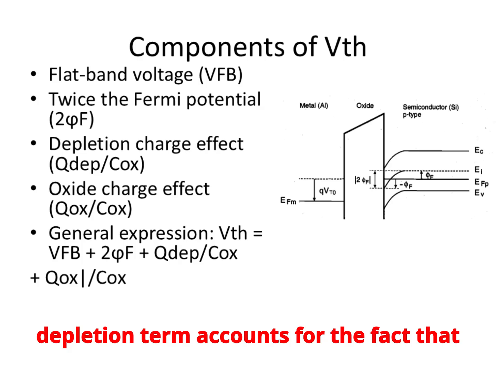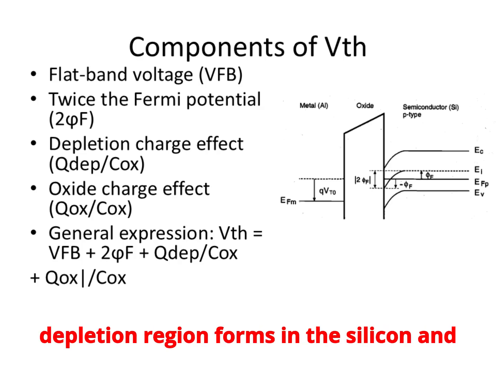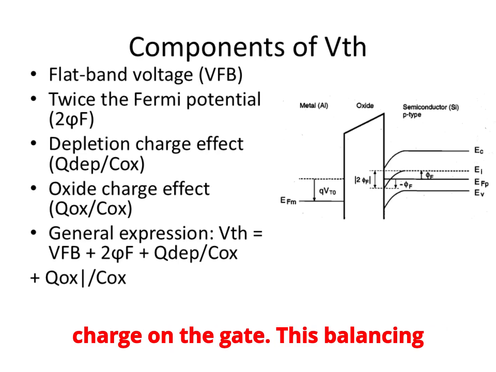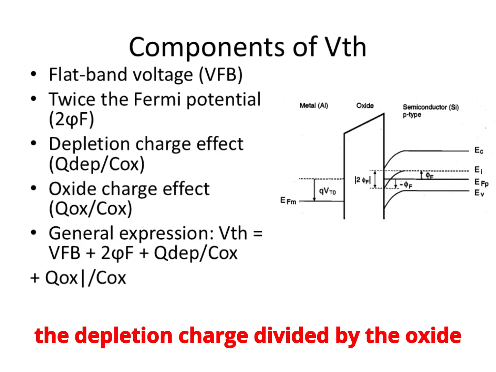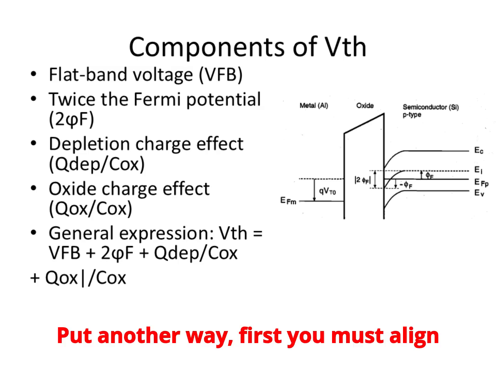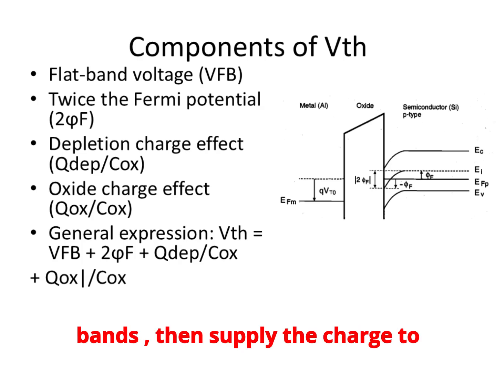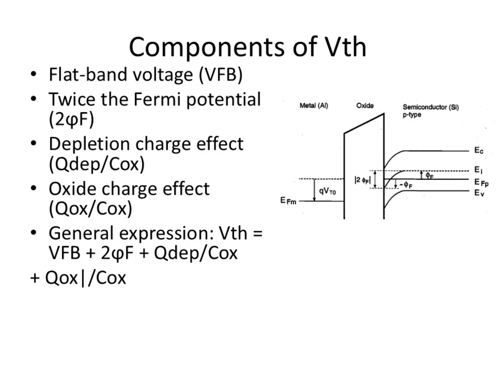The depletion term accounts for the fact that when the surface is driven to 2φF a depletion region forms in the silicon and that depleted charge must be balanced by charge on the gate. This balancing requires additional gate voltage equal to the depletion charge divided by the oxide capacitance per unit area, COX. Put another way, first you must align band energies, VFB, then bend the bands, 2φF, then supply the charge to create the depletion region, QDEP/COX.